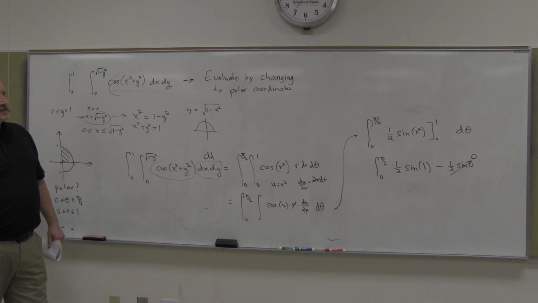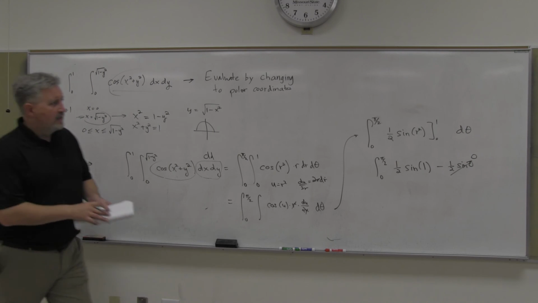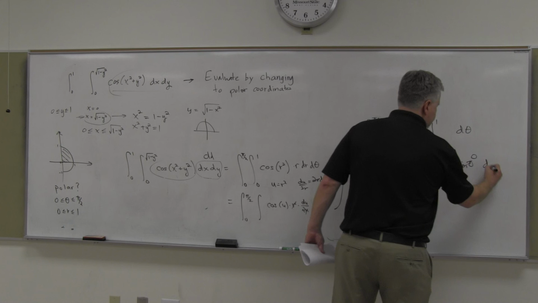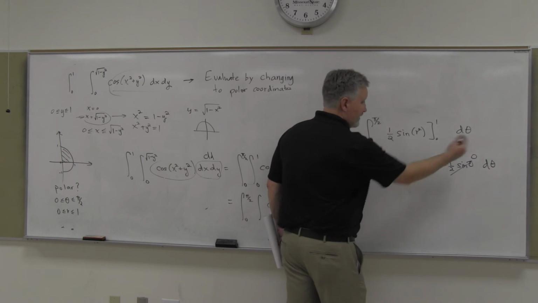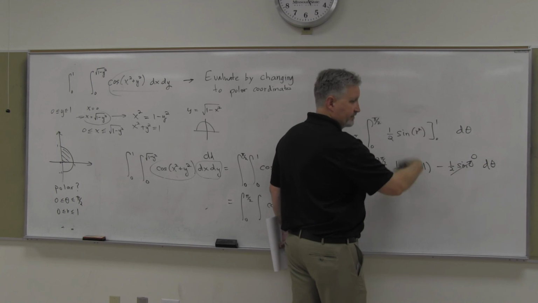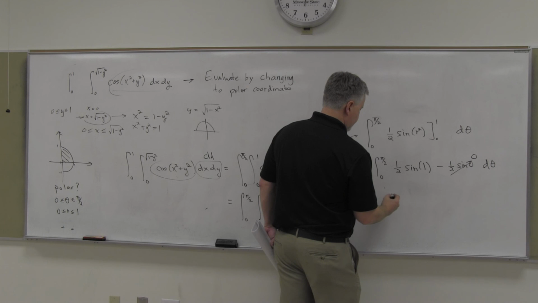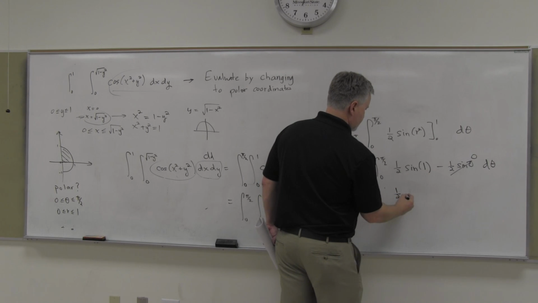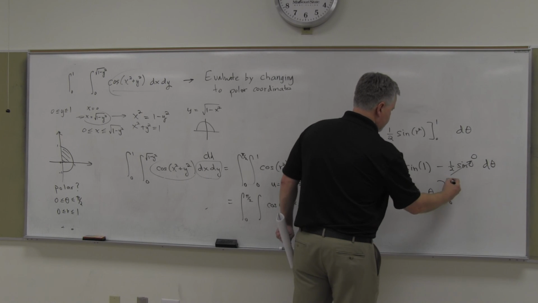That's not a nice value, so we'll just leave it at sine of 1. But the good news is that's just a number. So now we integrate with respect to theta. The antiderivative of a number is just that number times theta, so it'd be 1/2 sine of 1 times theta, where theta is 0 to pi over 2.